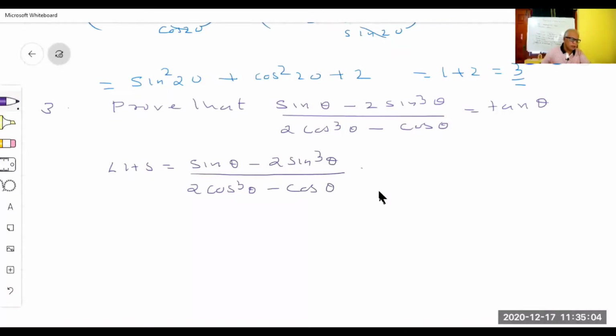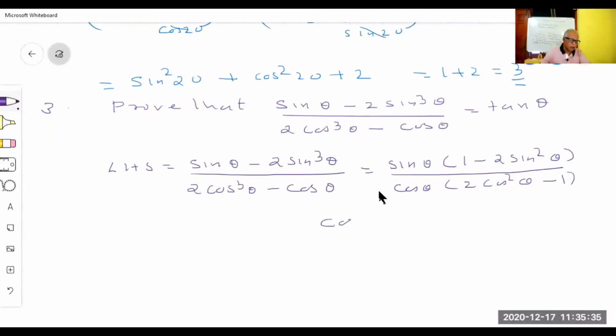Now what you can take common: sin theta can be taken common from the numerator, sin theta (1 minus 2 sin square theta), divided by, here cos theta is common, cos theta (2 cos square theta minus 1). Now, to get tan theta, we have to cancel this. Either you change sin square theta or cos square theta. Let me change cos square theta, okay. We know cos square theta is equal to 1 minus sin square theta.